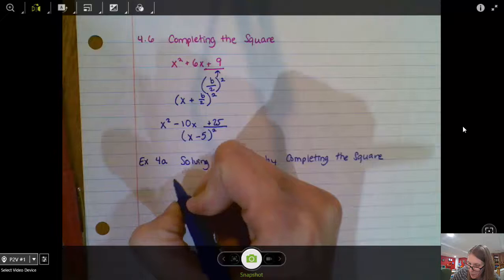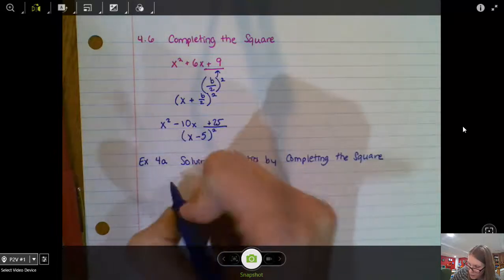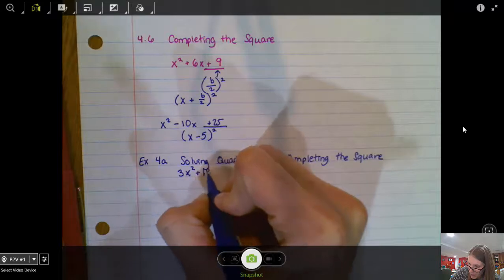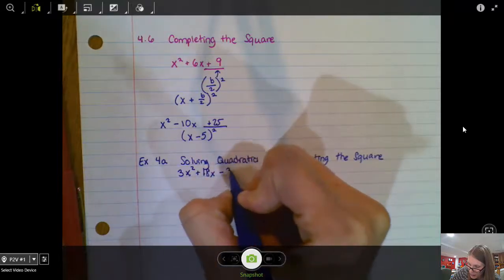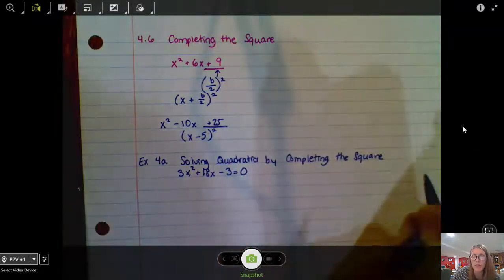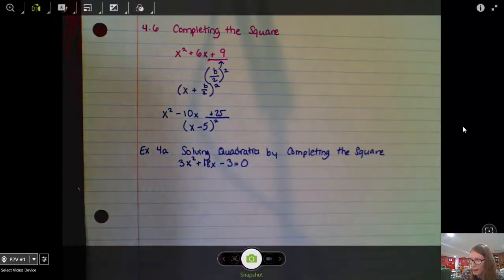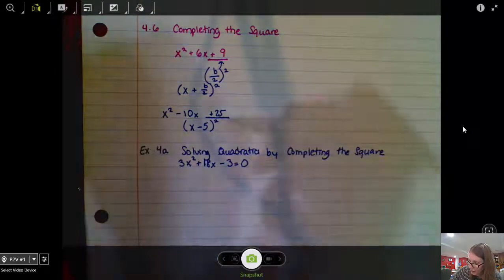And my example is to solve the equation 3x squared plus 18x minus 3 equals 0. And I hope you noticed right away that I have an a value of 3. And that is a problem.